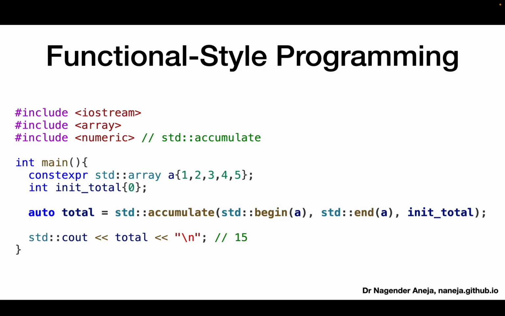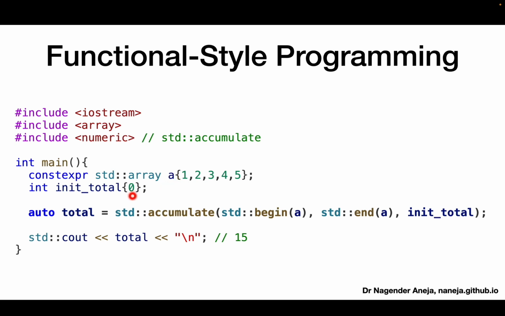So what accumulate does is, by default the operation is addition, so it does the addition based on the initial value. The initial value is added to the first number, starting from begin, right? So 0 plus 1 becomes 1, and the result of this you can consider as an accumulator.